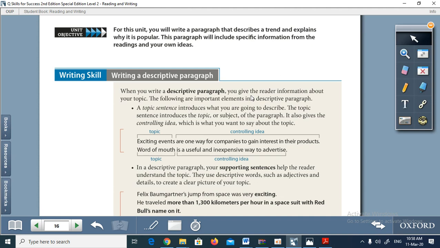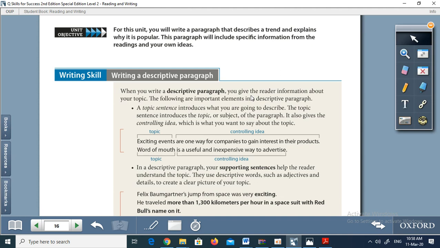Writing a paragraph is a kind of skill that we have to have, specifically for students. For a paragraph, first you have to know what the components of a paragraph are.